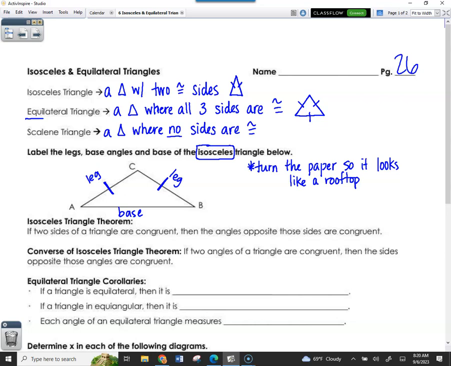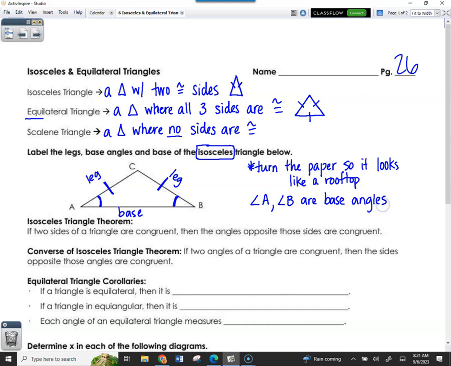Now the angles have vocab names. When you have it turned like a rooftop and you can see the base, the angles that are down here, touching the base on the bottom, are called the base angles. Really creative there, isn't it? So in this example, angle A and angle B are base angles.